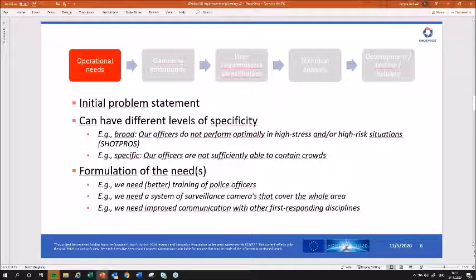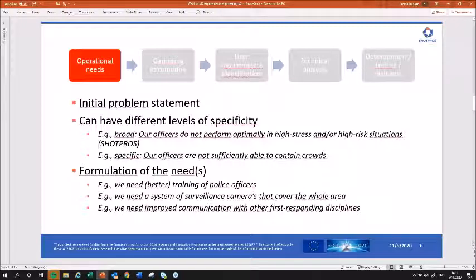For example, specific problem statements can be that our officers are not sufficiently able to contain crowds. We have had some issues with crowd control, crowd management. There seems to be some issues with how they handle it, so that is something that we need to tackle.